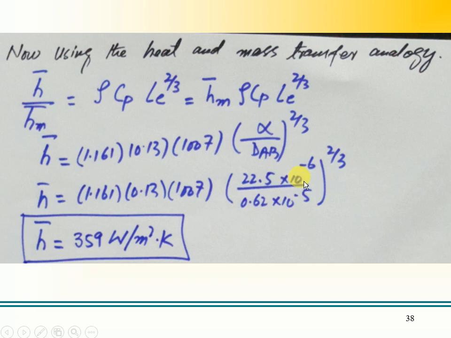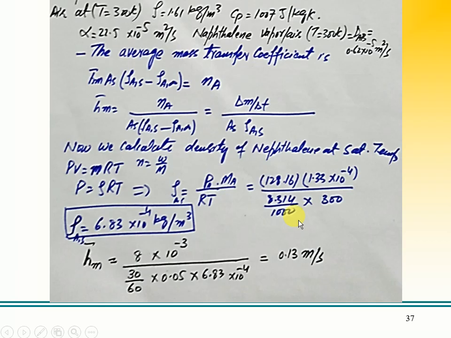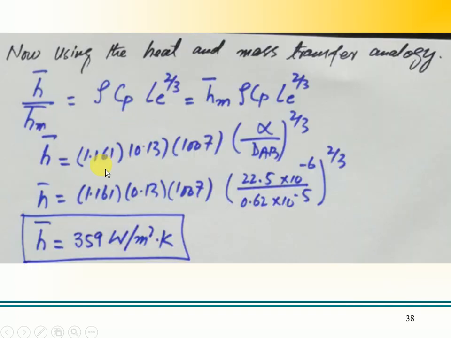We know the value of alpha and we know the value of DAB, so we put them here. The 1.16 which we put here is the density of air. Here we take the density of air, and 0.13 is h bar M, of course, and that is the Cp value of air.